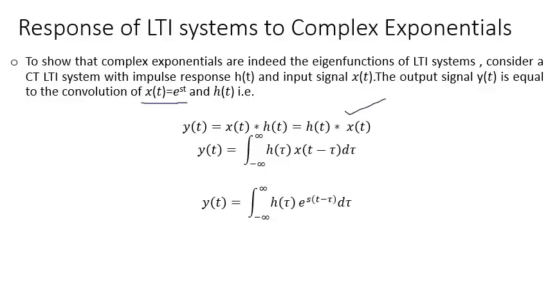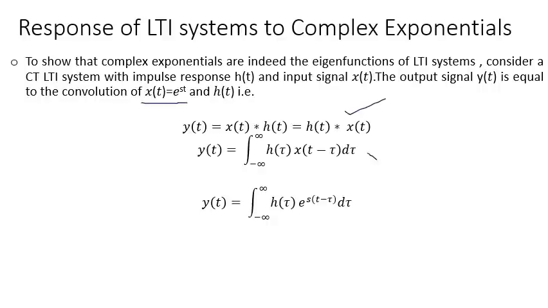You have done the commutative property, so the convolution operation is commutative. That means it's up to you whether you convolve h of t with x of t, or x of t with h of t.